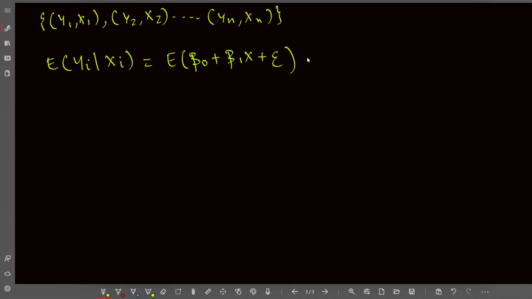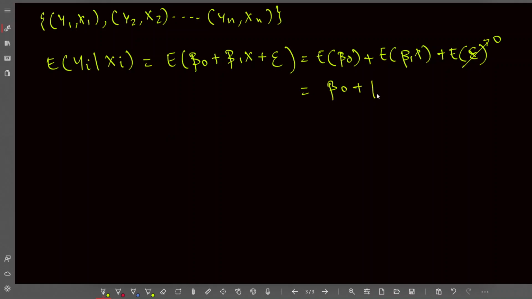Using the properties of expectation, I can expand this as expectation of beta naught plus expectation of beta 1 x plus expectation of eta, which is the errors. Now, from my third condition, which says that the expected value of all the errors is 0, this goes to 0. So I'm basically left with just beta naught plus beta 1 x.